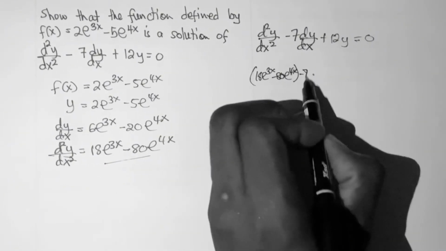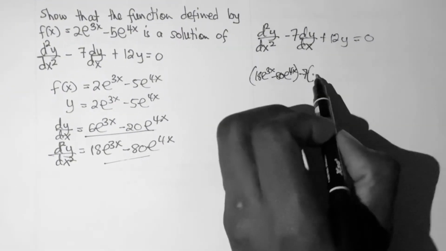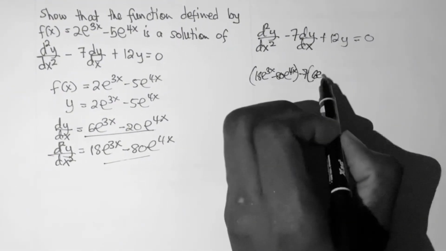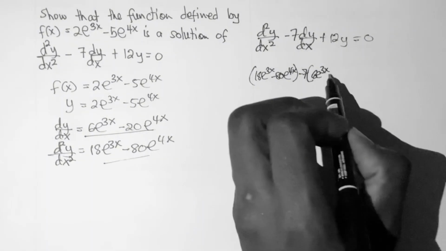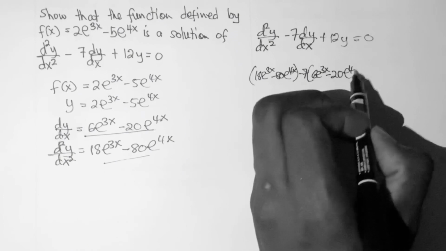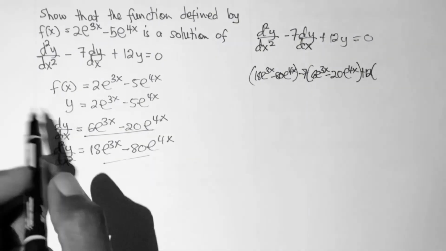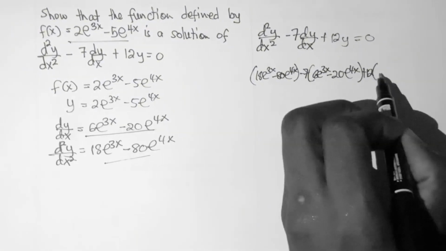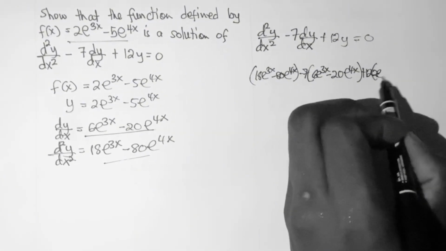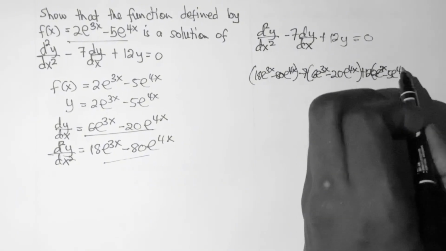Then we have minus 7 dy dx. This is dy dx, and that is 6 e to the 3x minus 20 e to the 4x. Then plus 12 times y. y was what we were given initially, which is 2 e to the 3x minus 5 e to the 4x.